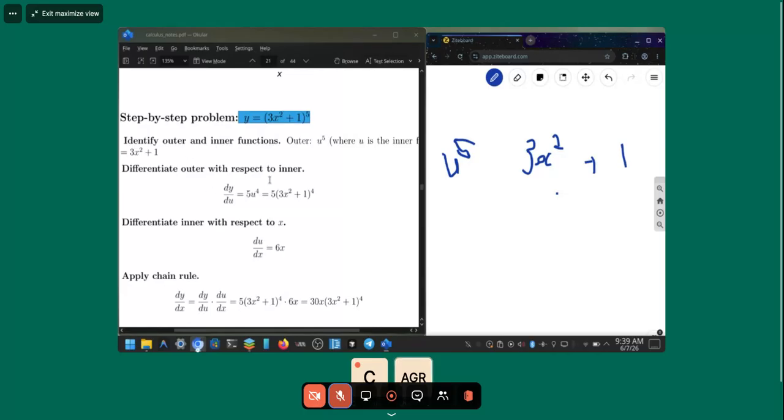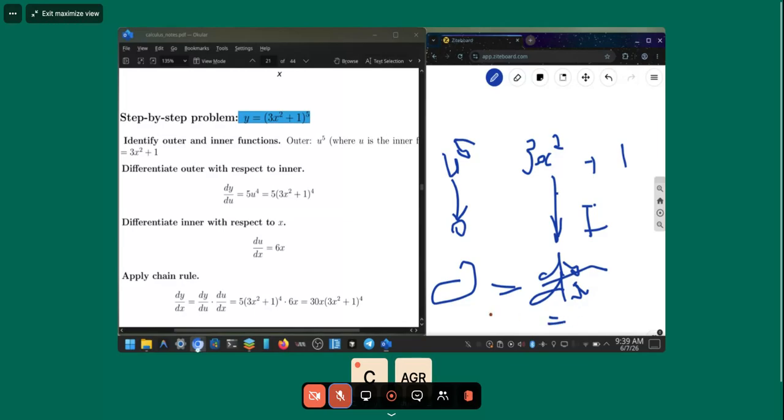Differentiate the outer with respect to the inner. This is the outer function, right? This is the inner function. So what is the differentiation of the outer function? dy/du is equal to u to the power of 5. Using the power rule we mentioned, it is n u to the power of n minus 1.